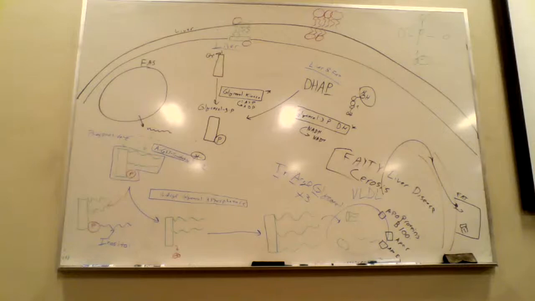Long and very long chains go to the peroxisome, and they go through different, what's that thing with the hydra? Well, peroxidation anyway. Catalase, I believe, is in there somewhere. So longer chains go to the peroxisome is the point.